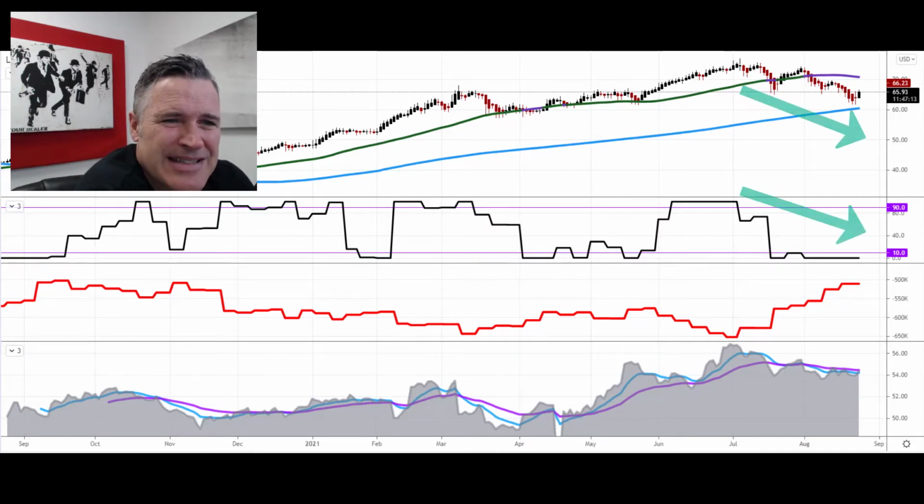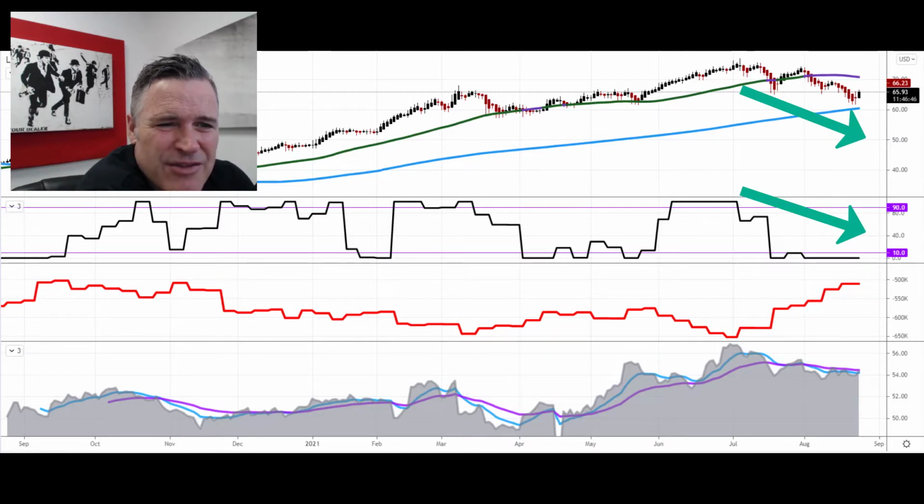And I have some bands around that where I think things are trying to get a bit overheated, and that's at 90 and, excuse me, 10. At the moment we can see that on the large speculators we've had a fall in the values there to the under 10 area, and we can draw that comparison to the price and see that correlation.